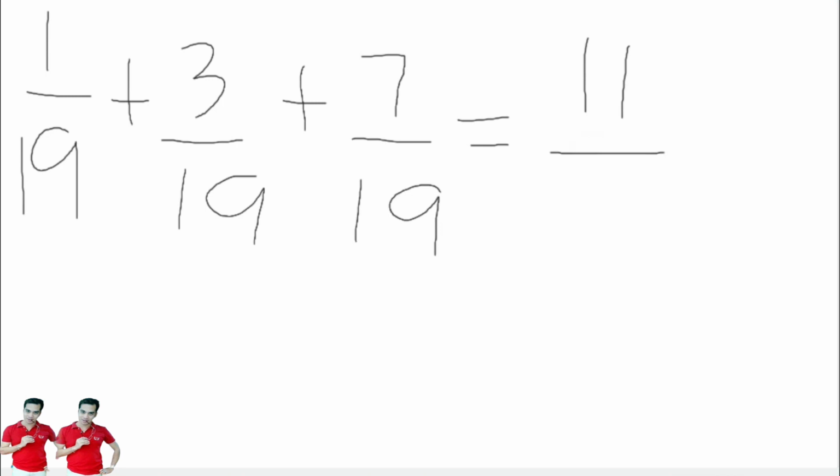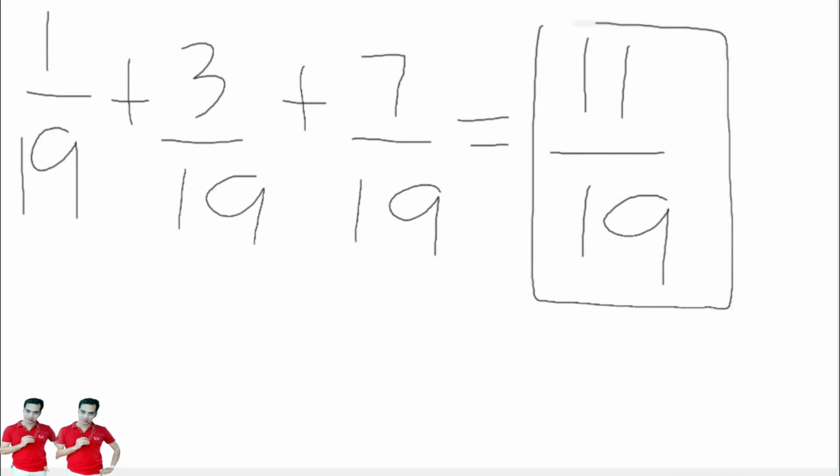Then copy the denominators, 19. So your answer is 11 over 19.